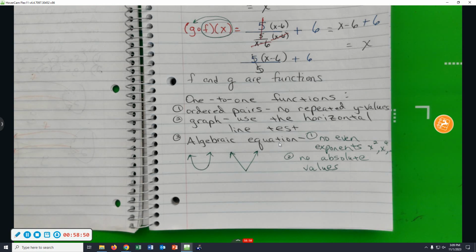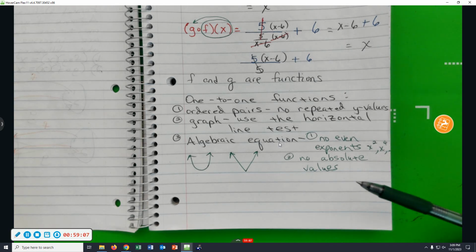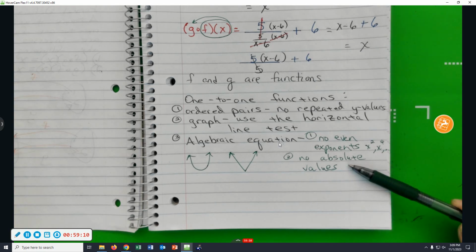I could rig one with an even exponent that is not one-to-one, but it would have to be rigged very carefully. Generally, you don't expect one-to-one functions to have even exponents or absolute value symbols.